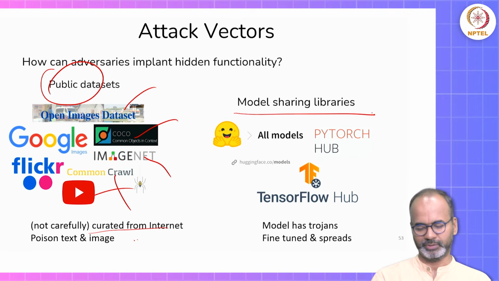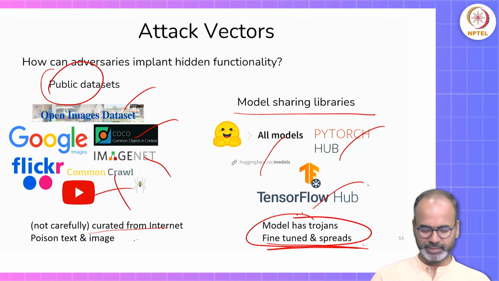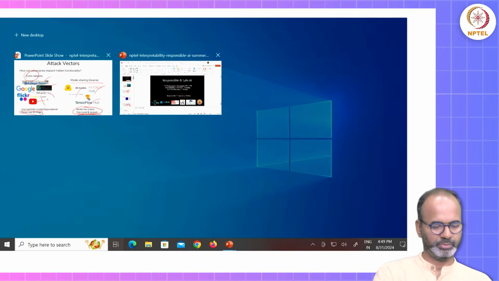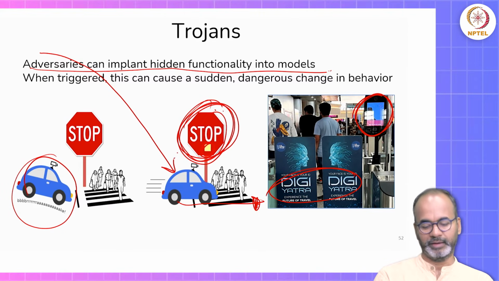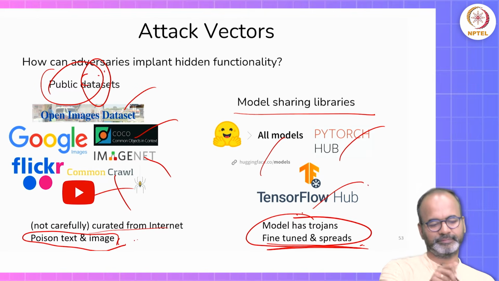Model sharing libraries also, you may be going to different places, Hugging Face, PyTorch, TensorFlow, all of this. The models have Trojans, are fine-tuned, and it spreads. In this case, poisoned text and images could also be there as part of the data itself. For example, somebody could add this image in the data set that you're using that is publicly present.